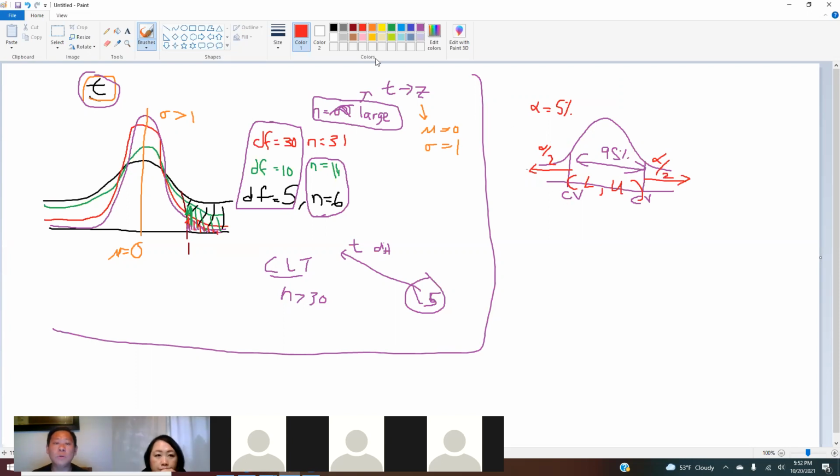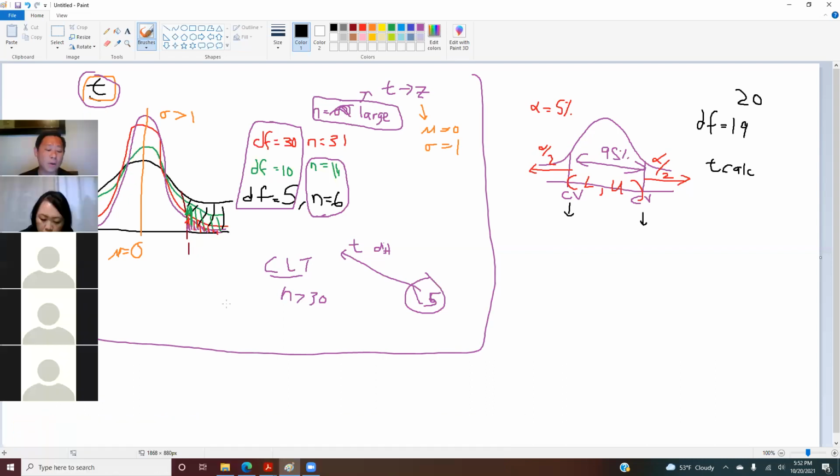So how do you find this critical value? It depends on your degree of freedom. Let's say you have 20 students, so my degree of freedom is 19. To find this, you go to the T calculator.